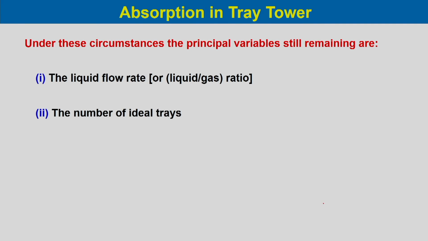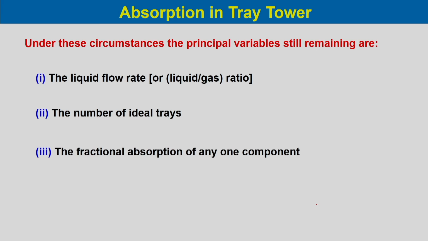The number of ideal trays required for the separation, and then the fractional absorption of any one component. Since it is multi-component absorption or stripping, the fractional absorption of a particular component has to be known, or it is a principal variable over here.